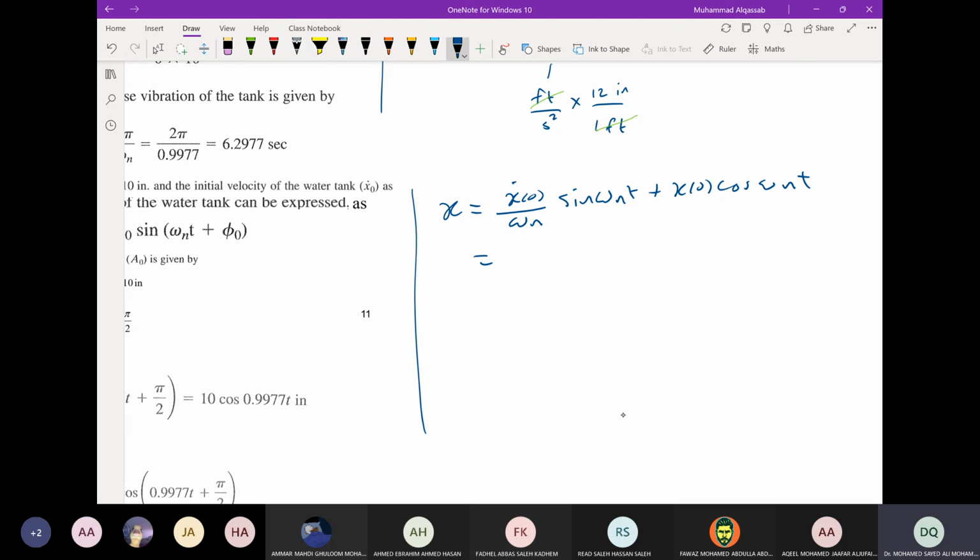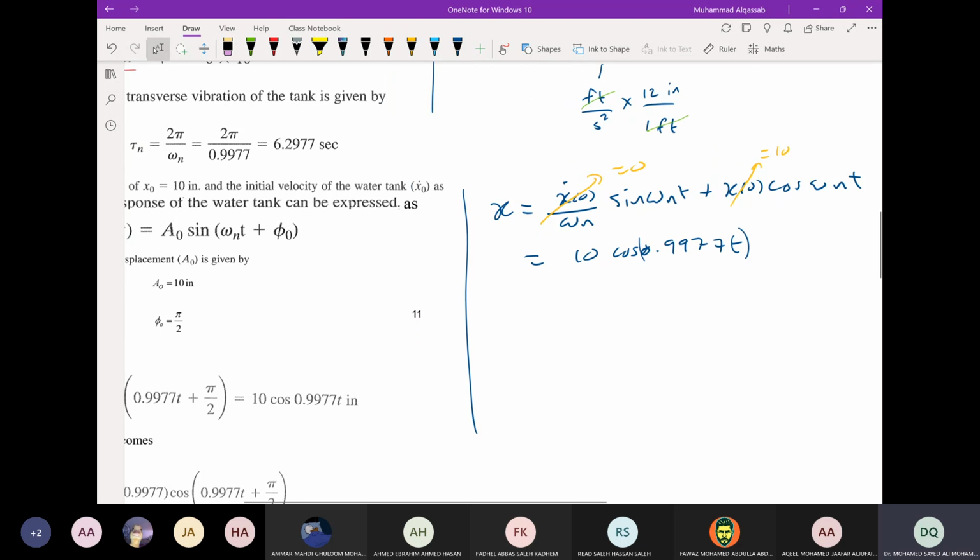Since x dot at 0 is 0 given, and this is 10 inches, then the answer will be 10 inches cosine 0.9977 t. Okay, this is the obtained omega n.